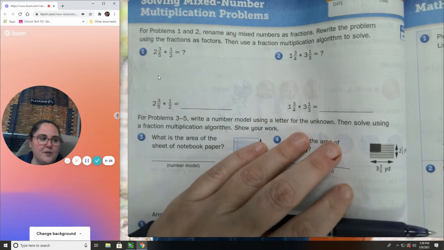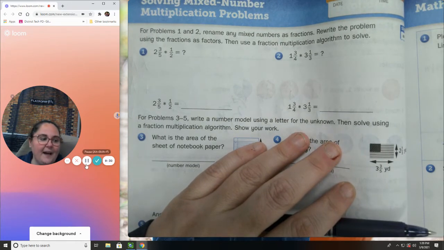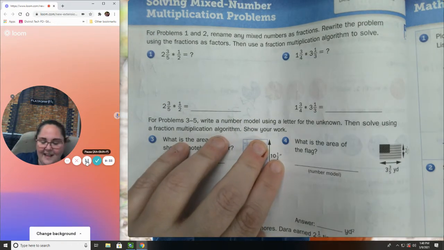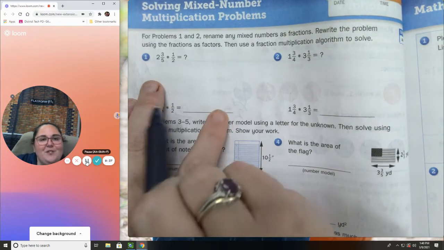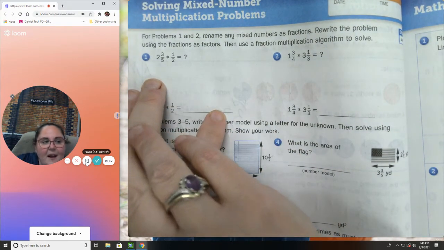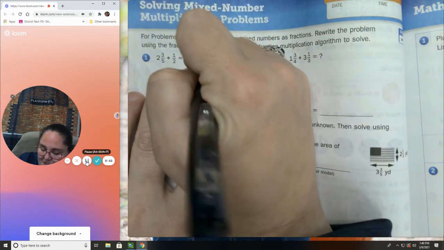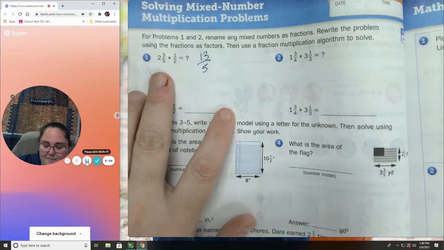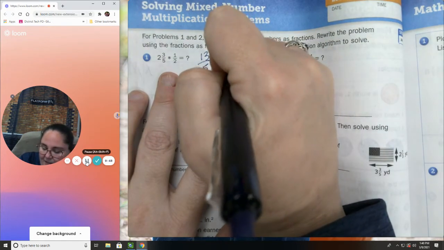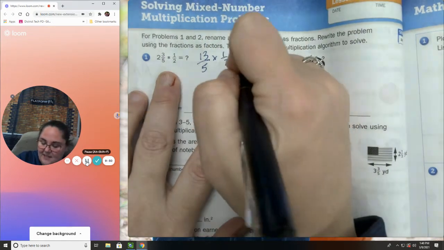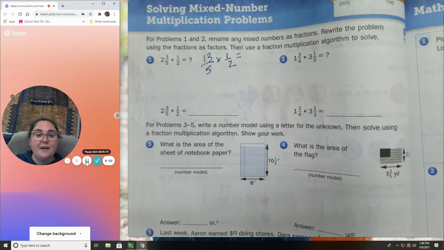What 2 numbers will I be multiplying if I make this into an improper fraction? All right, if I were going to rewrite this as an improper fraction, I would do 5 times 2, 10, plus 3 is 13, denominator stays the same, times 1/2.